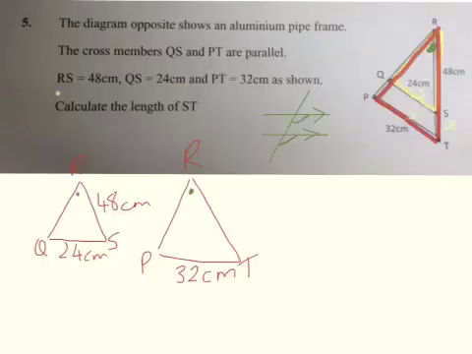So let's have a look here if we've got any F shapes. We've got this line here and here and here. Although it's upside down and back to front, we do have an F shape, which means that this angle in here is the same as this angle in here. So that corresponds to these two points here.